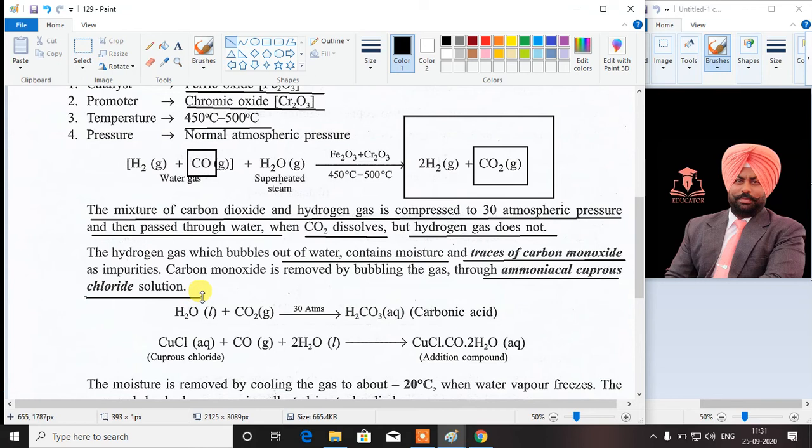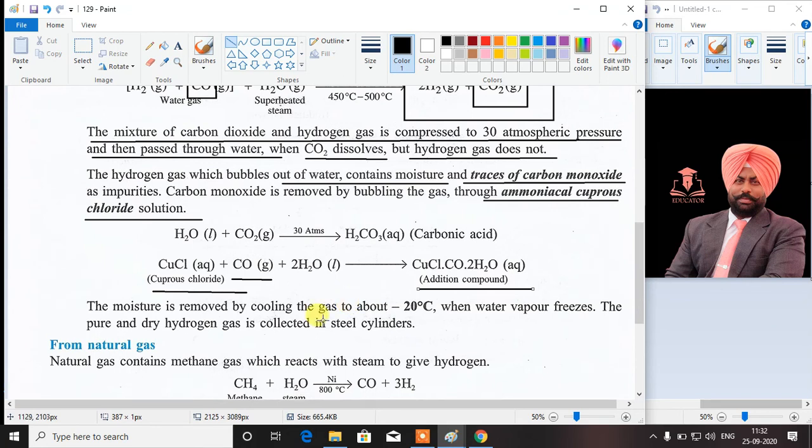When hydrogen gas having impurities of carbon monoxide gas and water vapors is passed through ammoniacal cuprous chloride, the cuprous chloride absorbs carbon monoxide gas, combining with it to form an addition compound, by which carbon monoxide gas is removed. Now the hydrogen gas has only water vapors as impurities.